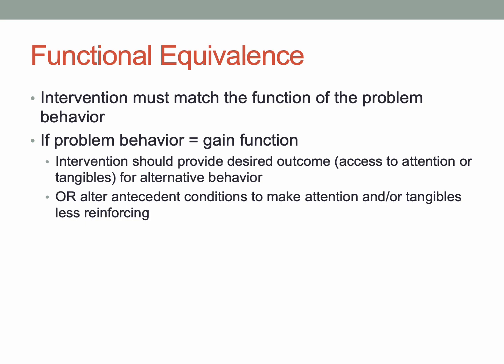Or you can alter the antecedent condition to make attention or tangibles less reinforcing, which means that by changing the antecedent condition, the value of the consequence, the reinforcer, decreases. We will talk about this later.